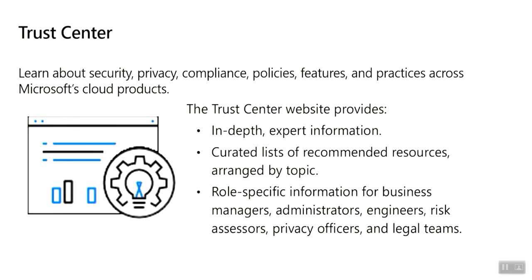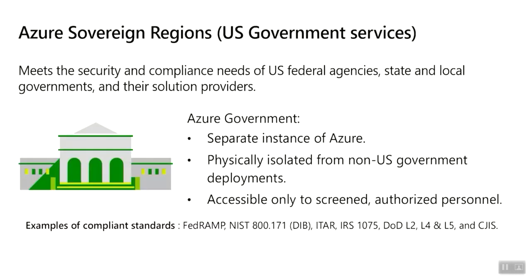Last two things I want to discuss before we wrap up this module. We have two separate instances of Azure. The first one, like I mentioned, is our U.S. government services. Now, this is a completely separate physical instance of Azure. So this isn't connected with any of the other data centers, and you can only access it if you are authorized to.